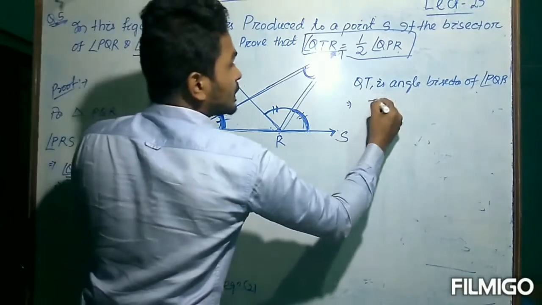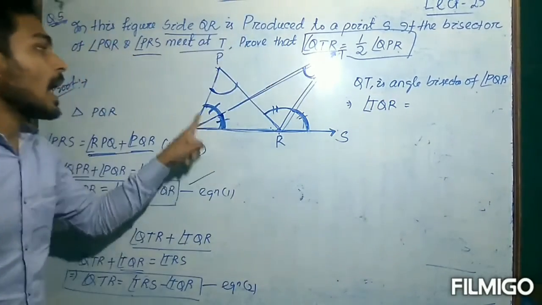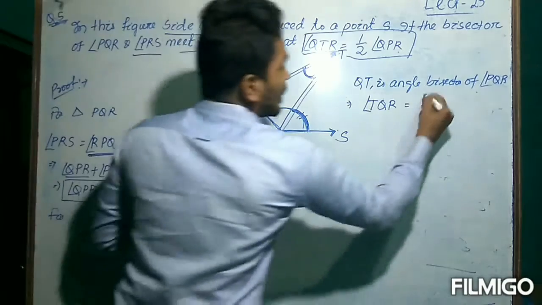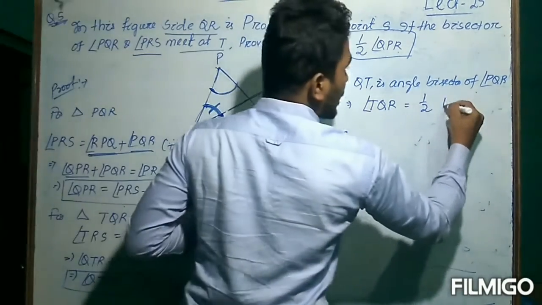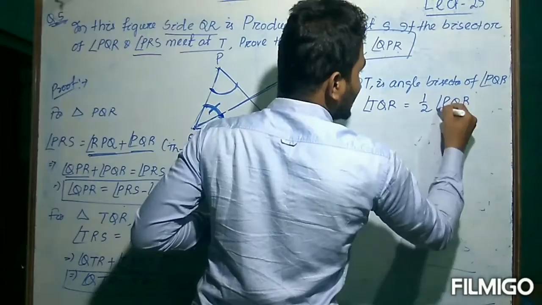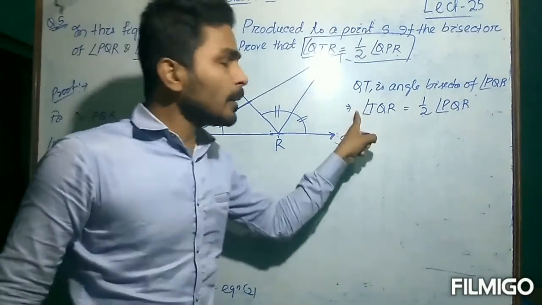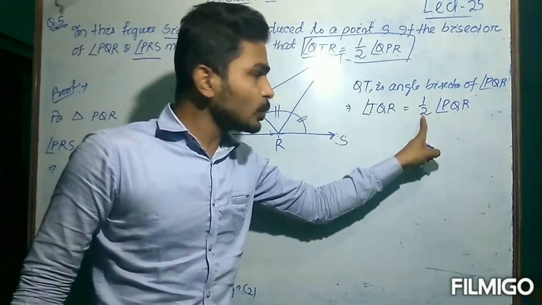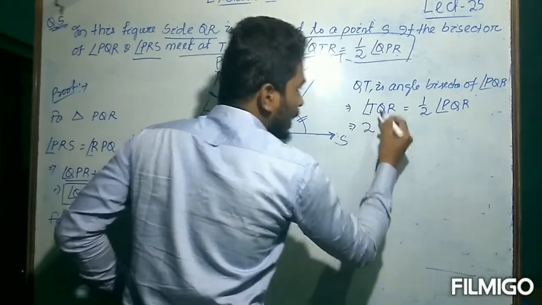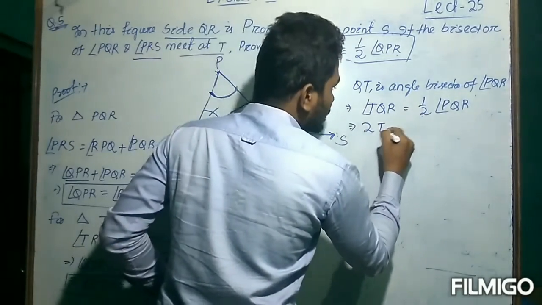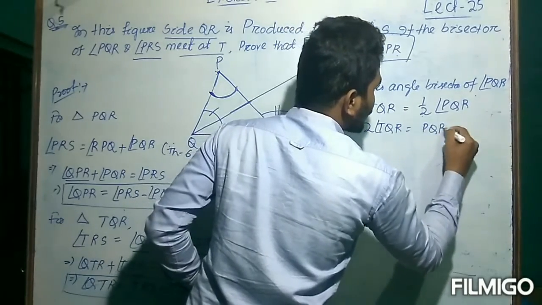TQR, is equal to half of the total angle, half of PQR. When this 2 moves to the left hand side, since on the right hand side 2 is in the denominator, it will be multiplied with TQR. So 2 times TQR is equal to PQR.